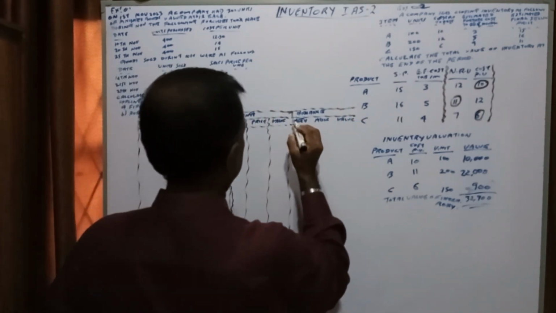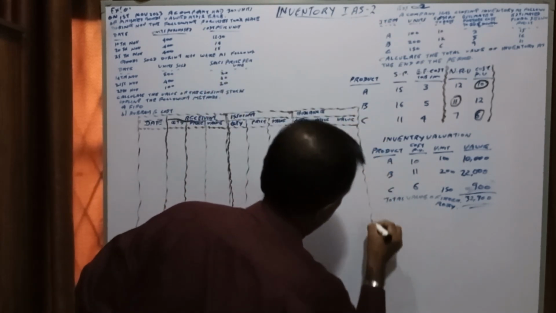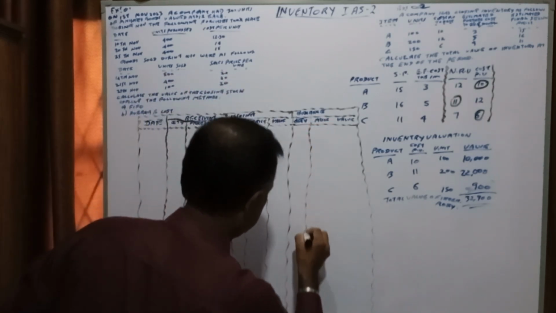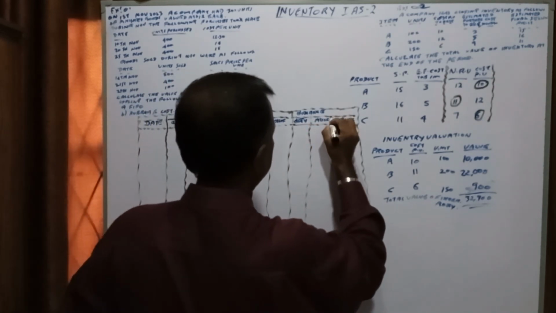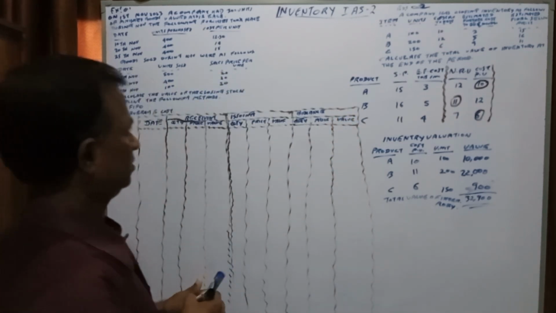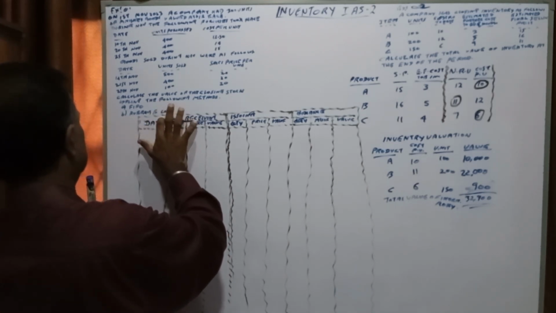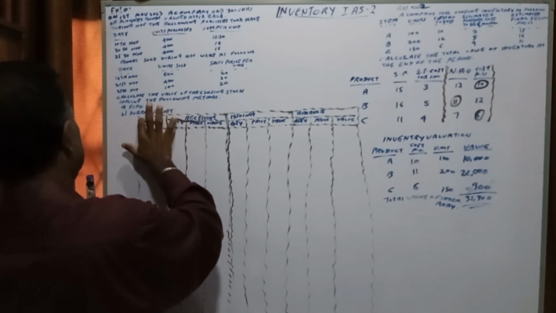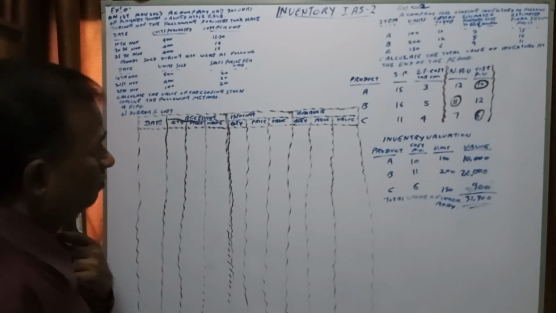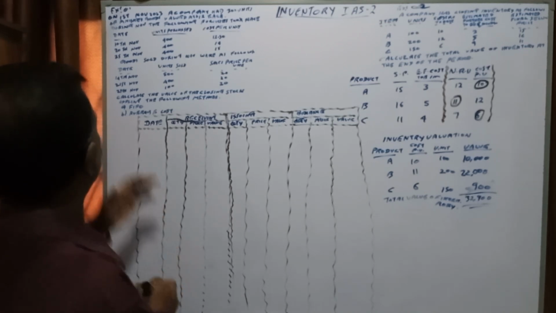Right? This is how we used to prepare. This is the quantity column for receiving, issuing and balance, and this is the value. So we have drawn one chart, so it will be easy for us for the calculation.